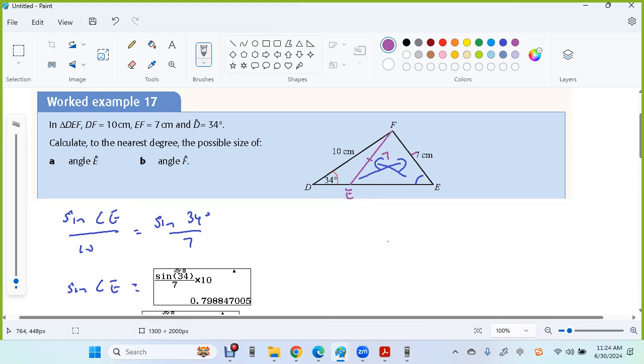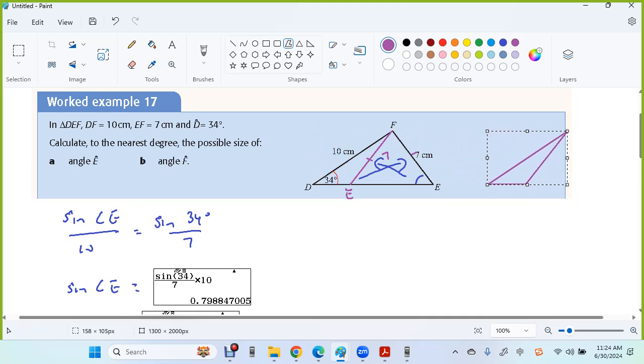Using the information DF is 10 cm, EF is 7 cm, and angle D is 34 degrees, we can draw two triangles.